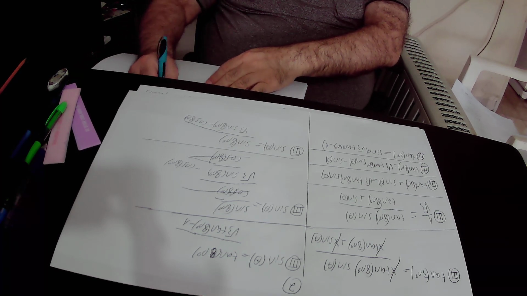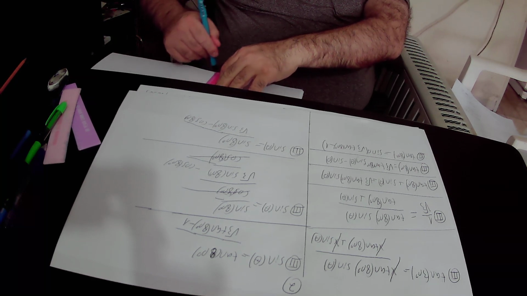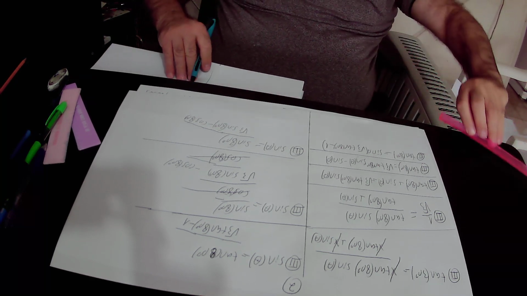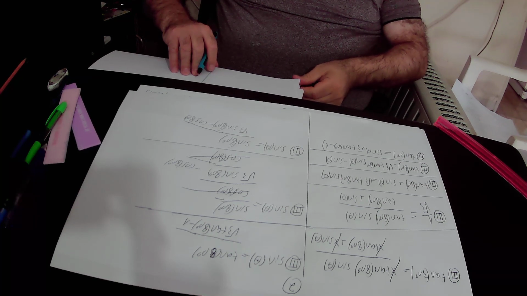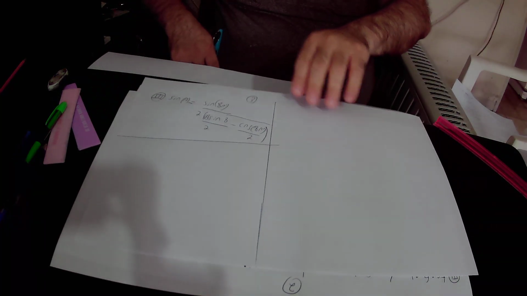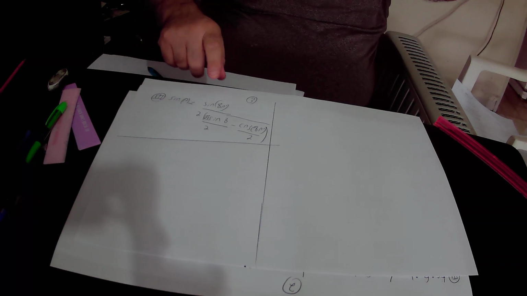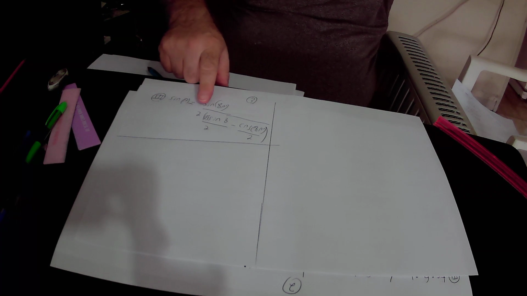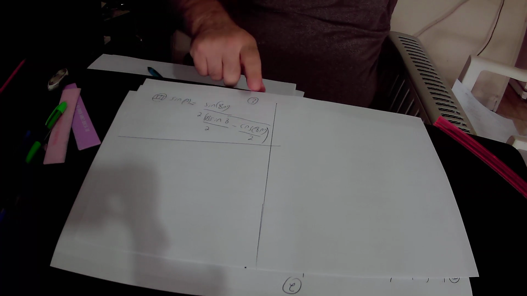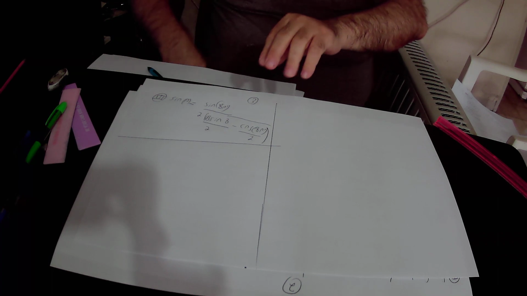So I repeat again, here we actually multiplied this denominator by 2 and then we divide it by 2. So we change nothing. Okay?